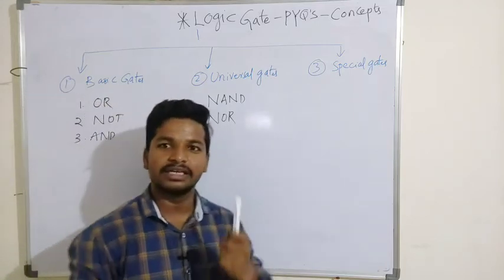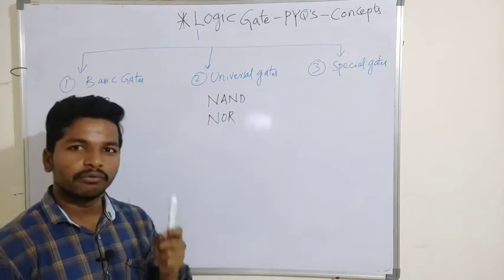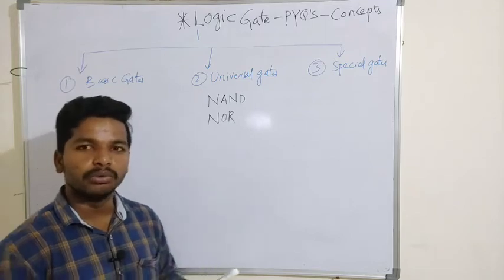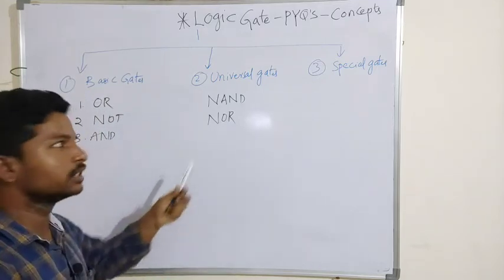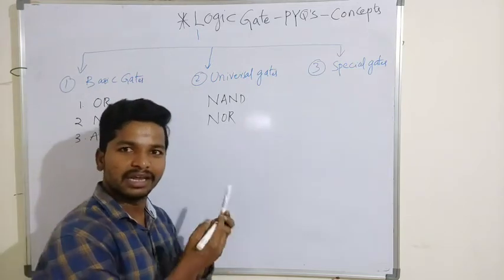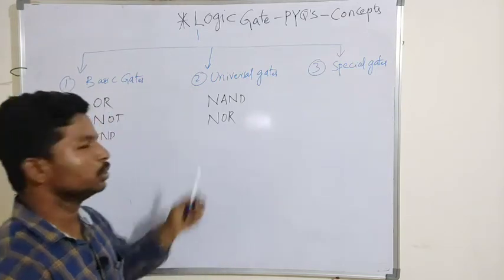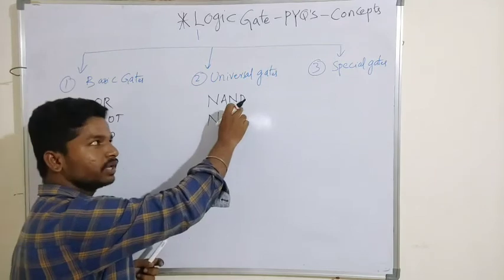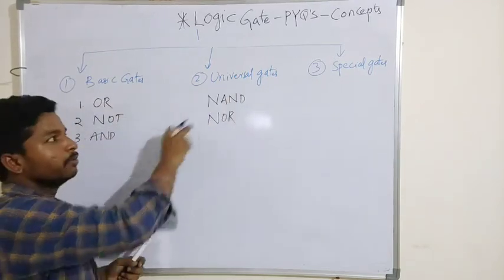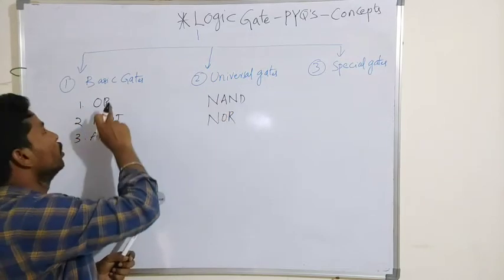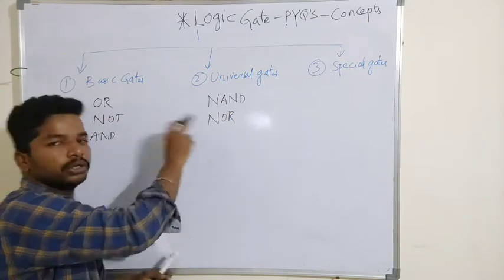A gate is called a universal gate when we can realize all other gates by using that one gate. We can realize the AND gate, OR gate, and NOT gate by using the NAND gate, and also by using the NOR gate.